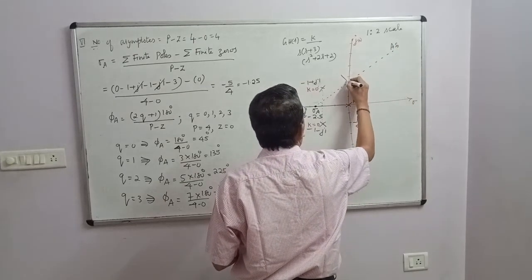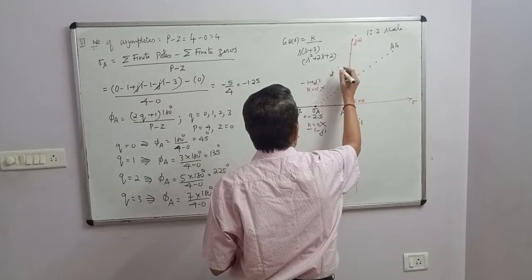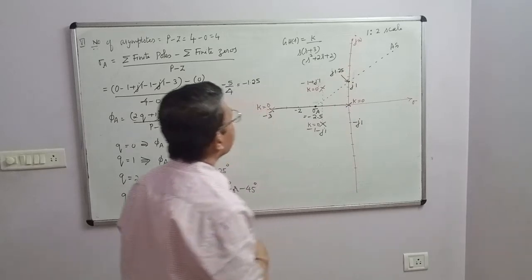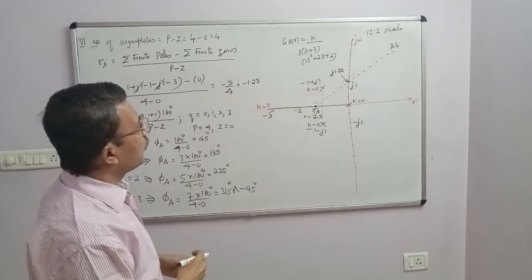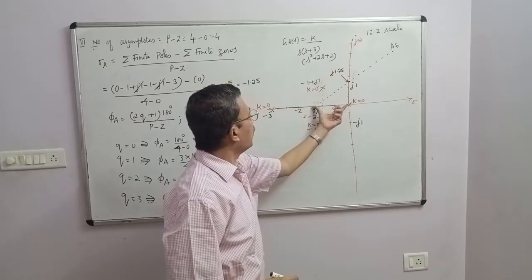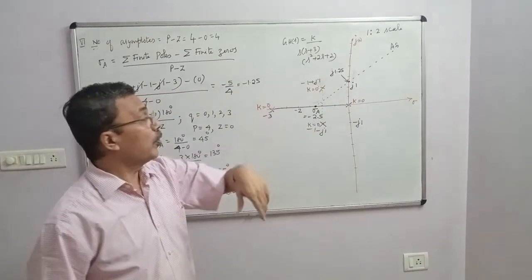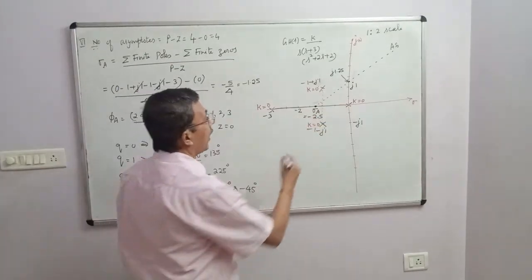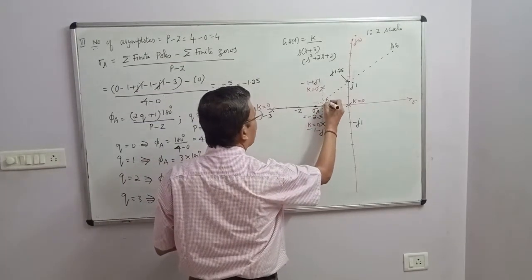Where it is crossing, it is crossing at j1.25. Opposite side is 1.25, adjacent side is 1.25, so tan of the angle is 1, which means this line makes an angle of 45 degrees.